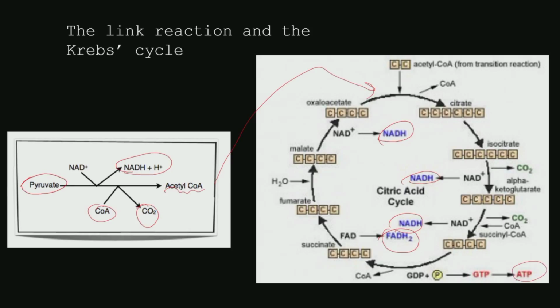What happens is that you add carbons in, and then you take them out to make the NADH, FADHs, and ATP and stuff like that. And that's why it's called the Krebs cycle, or the citric acid cycle, and because it happens in a cycle, as you see here. It happens in a circle.